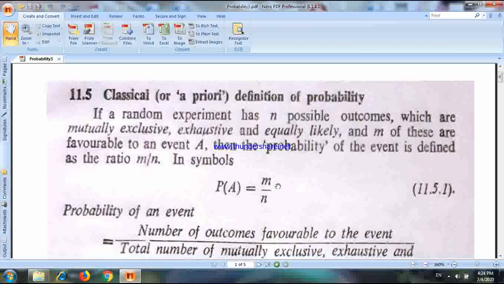That means probability of an event is defined as number of favorable outcomes upon total number of possible outcomes. And of course one condition is imposed here. These total possible outcomes should be mutually exclusive, exhaustive, and equally likely.